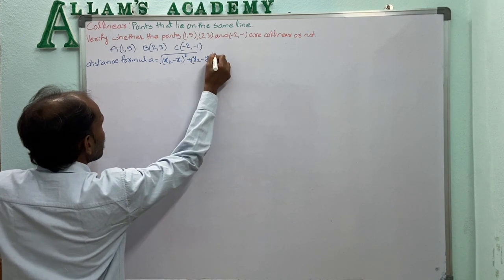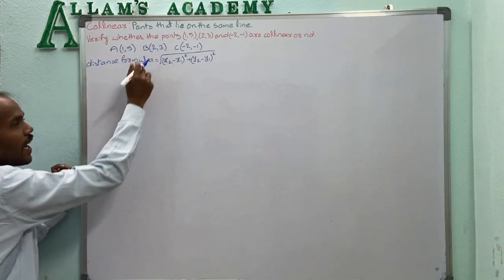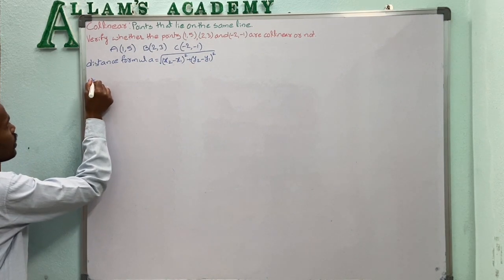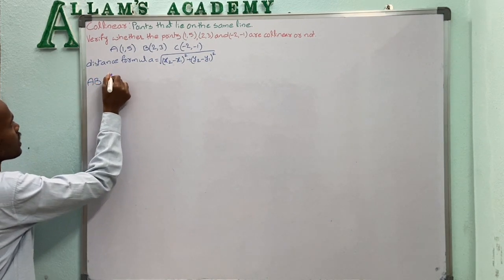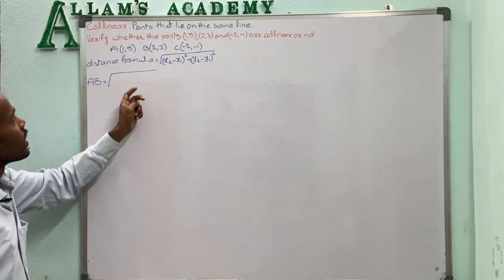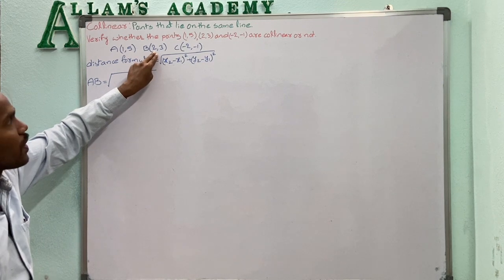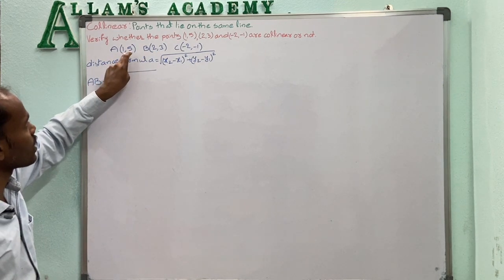Now find the distance between the points A and B, that is the length of AB. B is x2, y2 and A is x1, y1.